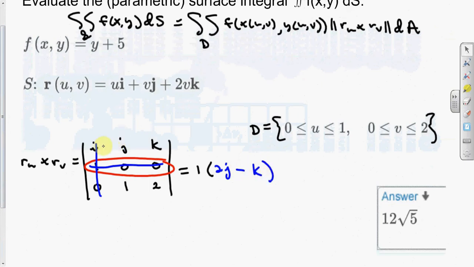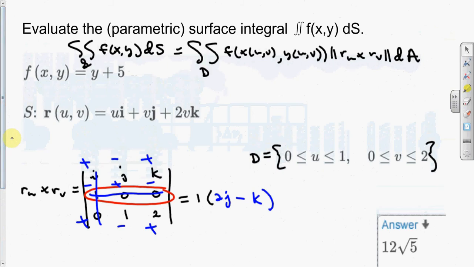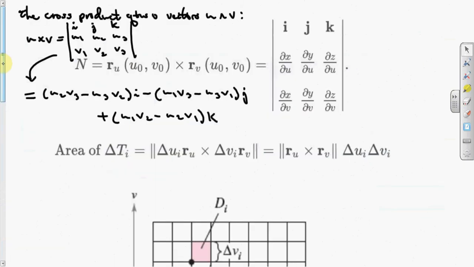Now I have to note the sign, the permutation signs. This is plus, negative, plus. This is negative, plus, negative. This is plus, negative, plus. What do you mean, what signs? You remember back for the cross product, look, this is plus. See that negative right there?